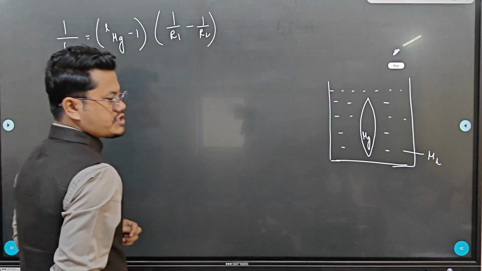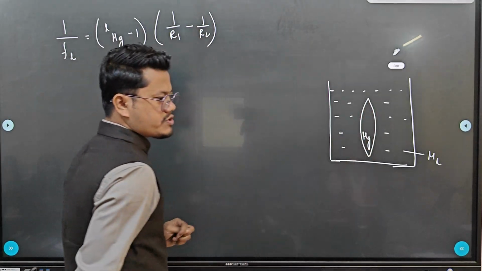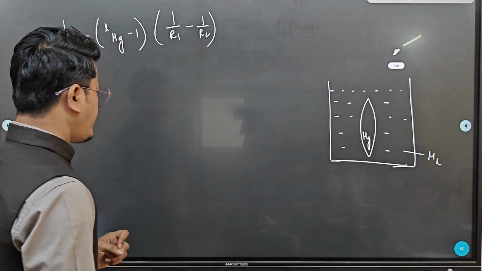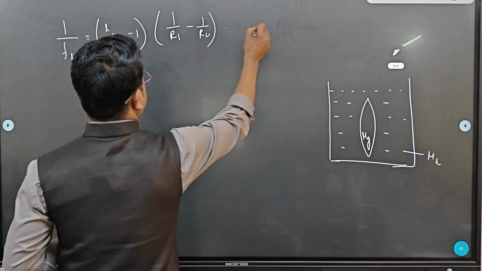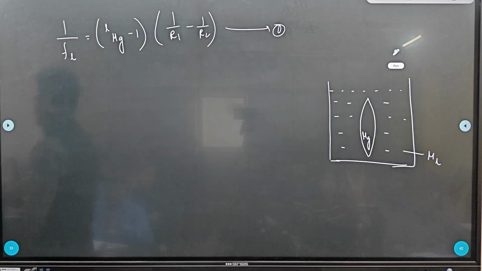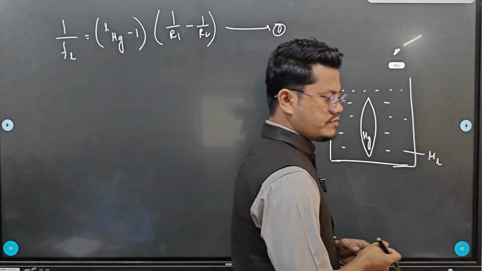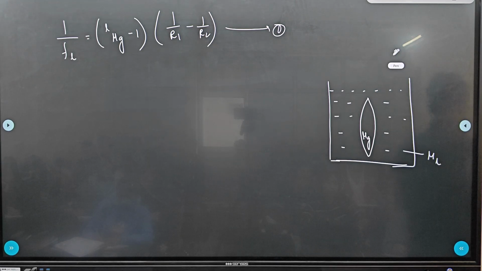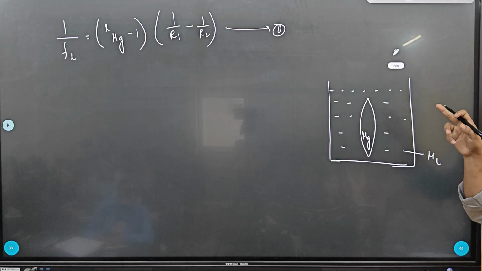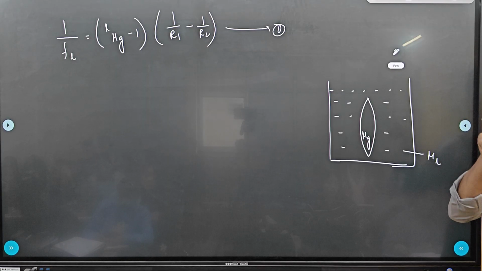R1 and R2 are the radii of curvature of both the spherical sides. Are you getting it? You please note it down and just put it as equation number 1. Understood or not? I hope you understand, right? This is in case of the lens inside the liquid.